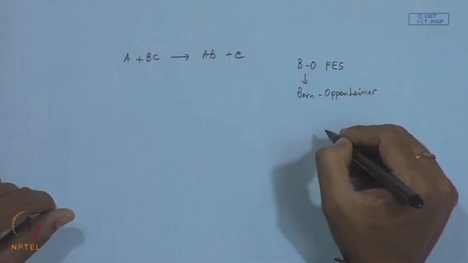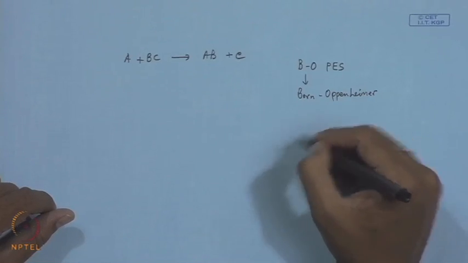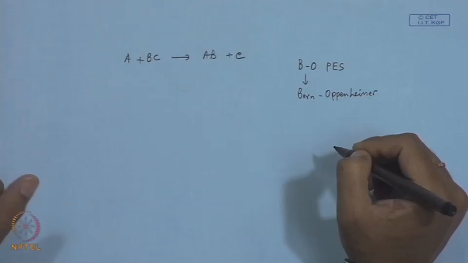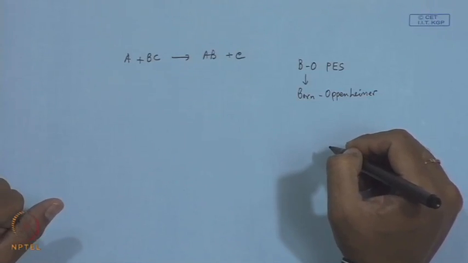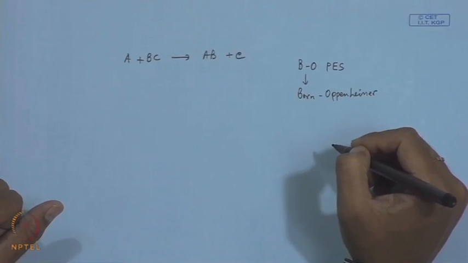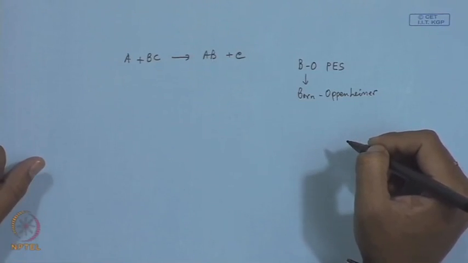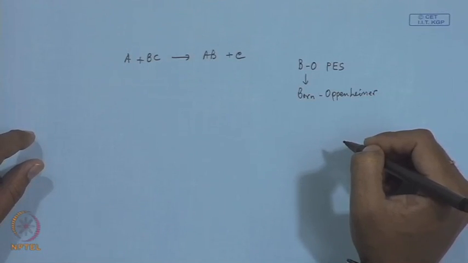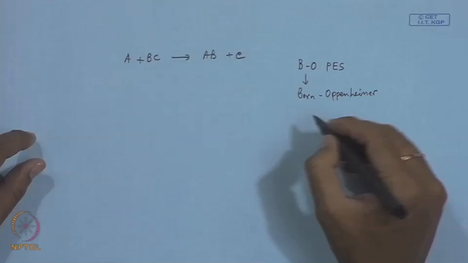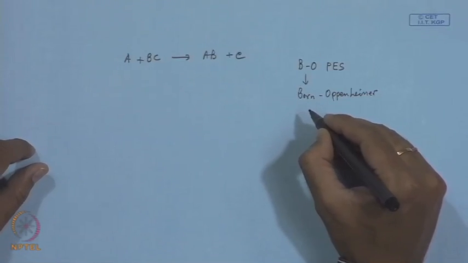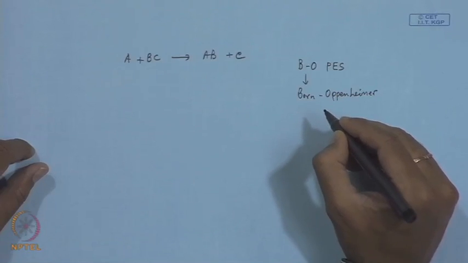So if you think of electronic motion, then electronic motion is very fast compared to vibration, and vibration is even faster compared to rotation. So the point is that they are separated in time scale.